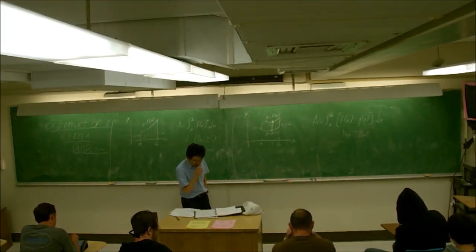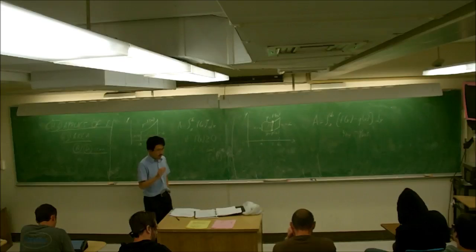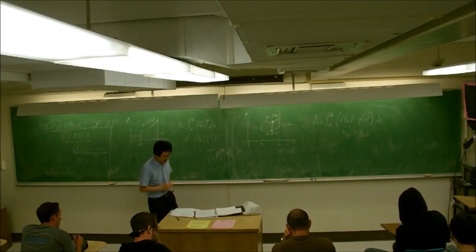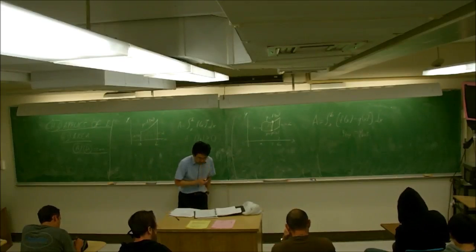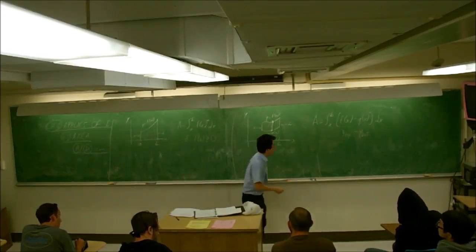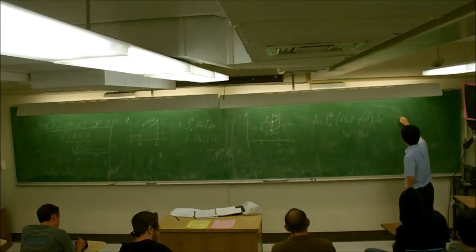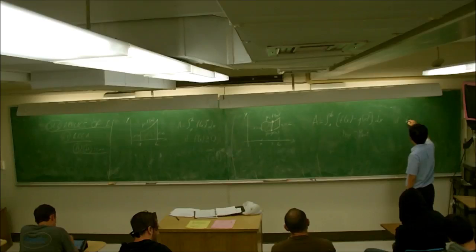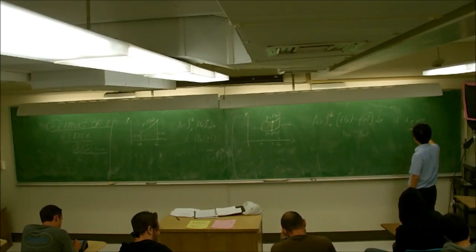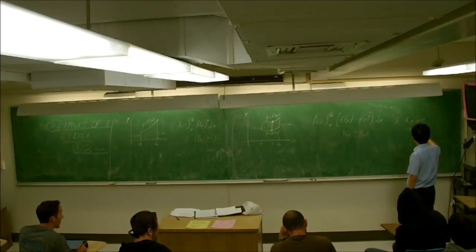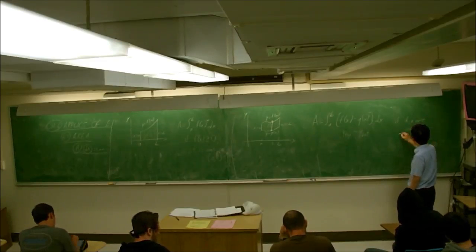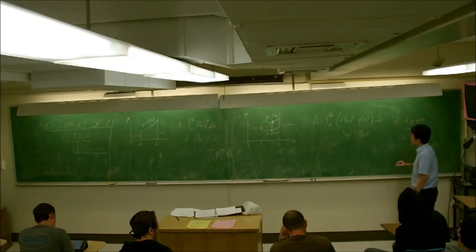And I have several comments to make here. First of all, when can we say this? Well, we can say this if f and g are continuous, and also f of x is basically beating g of x.